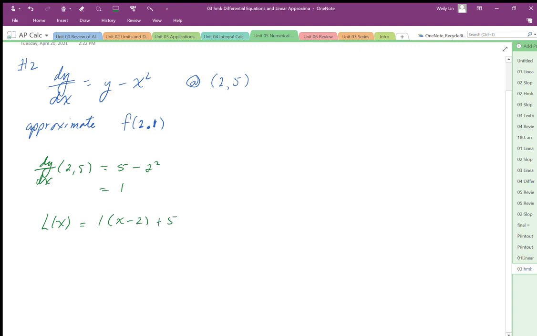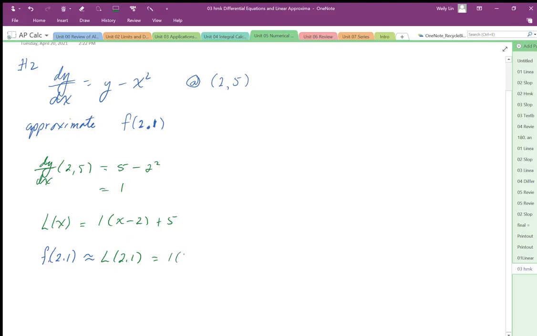Now if I want to approximate f of 2.1, we know that this is approximately going to be equal to the point on the linear equation. So it's going to approximate L of 2.1. So all I'm going to do is plug in my 2.1. I get my run, which is the difference between the coordinate of tangency, 2, and 2.1.